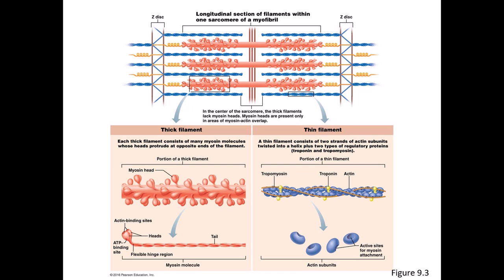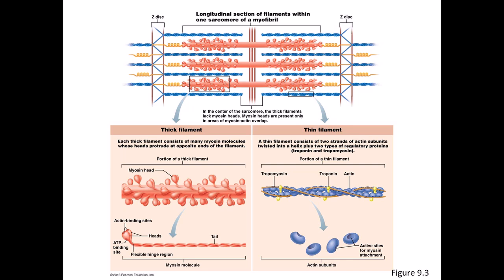We'll see that those heads have two sites on them. One is called an actin binding site. That's where it's going to be able to connect to the thin filament. Remember, actin is one of the proteins in the thin filament. And then it has an ATP binding site where, of course, ATP is going to connect. Remember, that is our energy source that's going to allow this connection to occur and result in our muscle contraction.